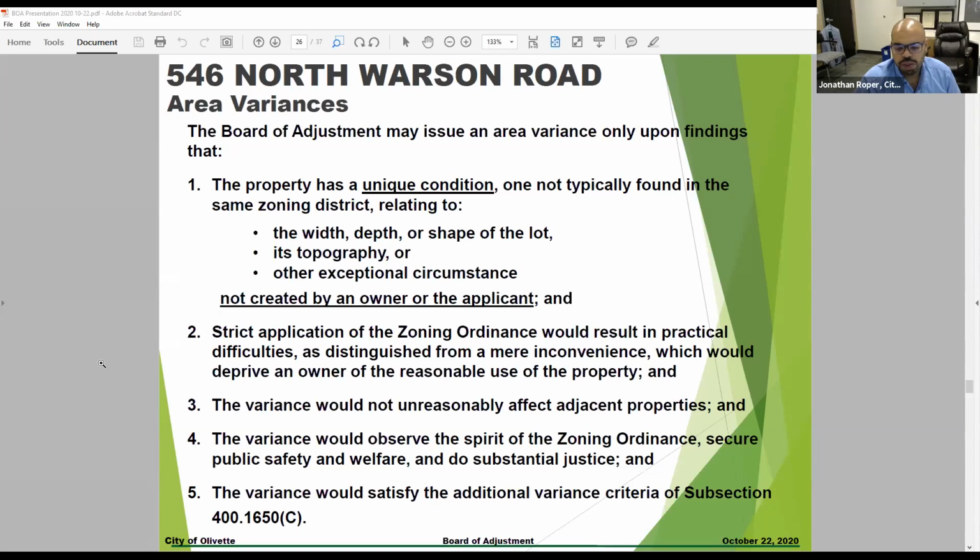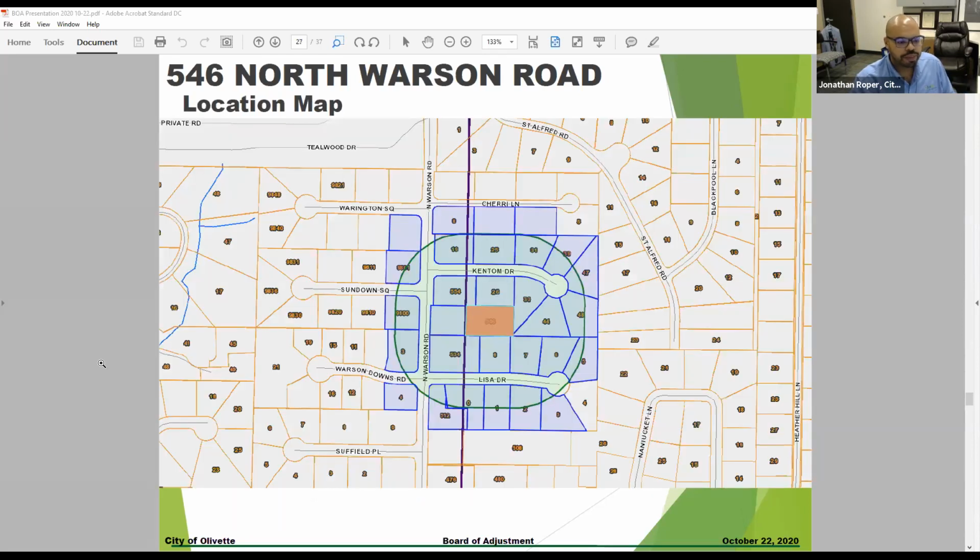It would observe the spirit and intent of the ordinance and satisfy the criteria of subsection C, which can be found on just about the last page of your staff report, which talks about impairing an adequate supply of light to adjacent properties, or other items such as congestion of public streets or fire. So go to the next slide, please.